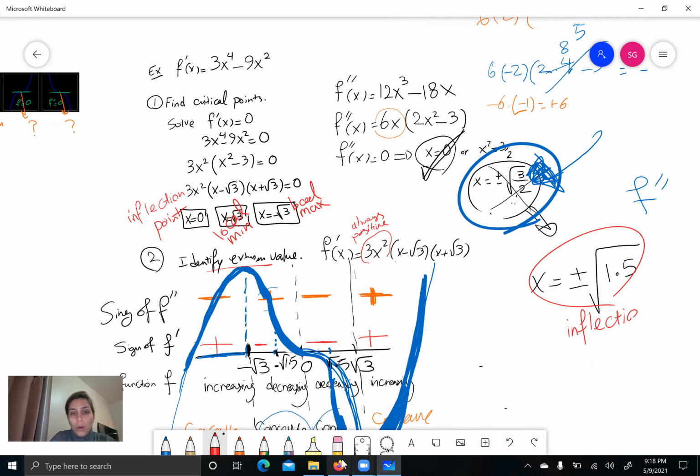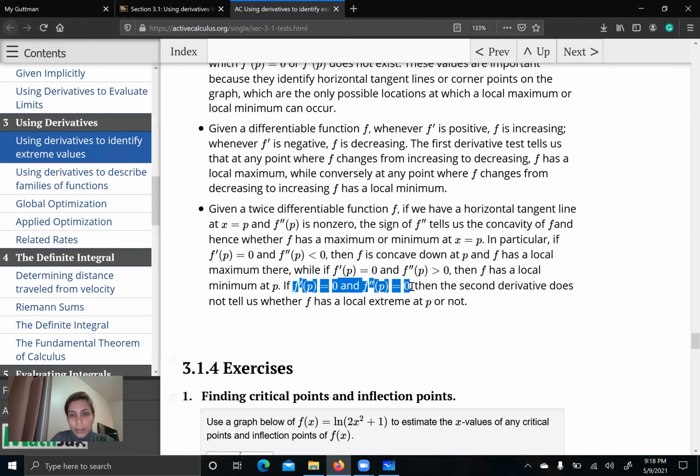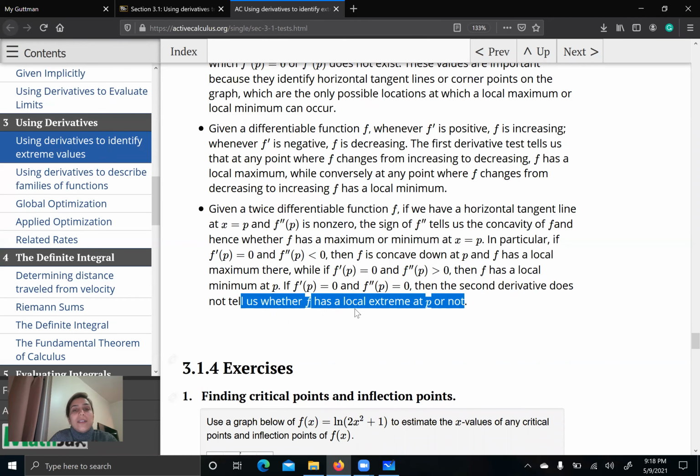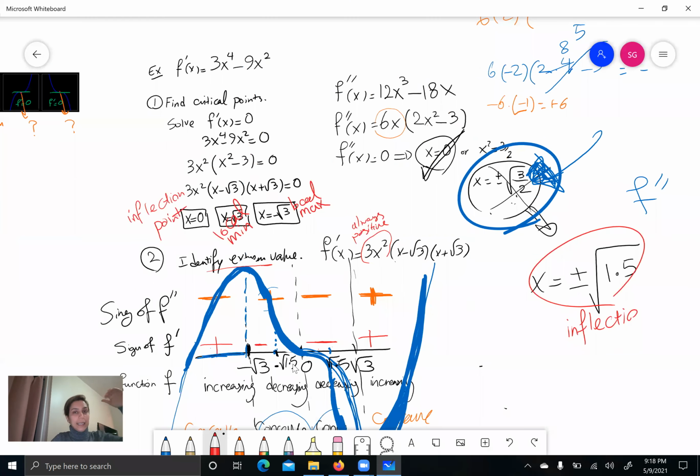So at 0, both of these functions are 0. So in that case, f doesn't give us any local extreme value, and most likely this is an inflection point, neither maximum nor minimum. It's just the point where the function changed concavity. For example, from being concave up, it changed to be concave down.